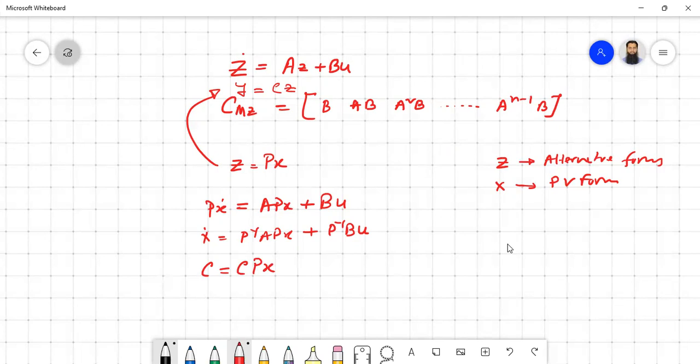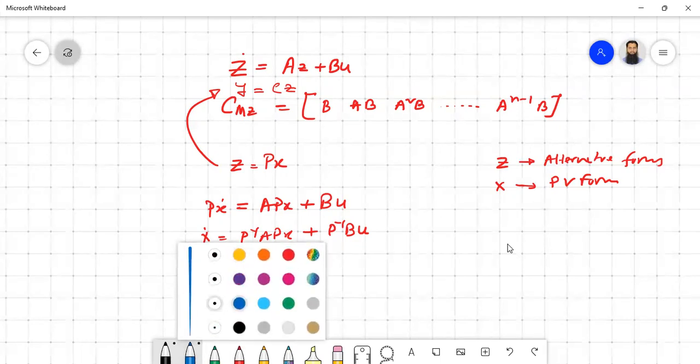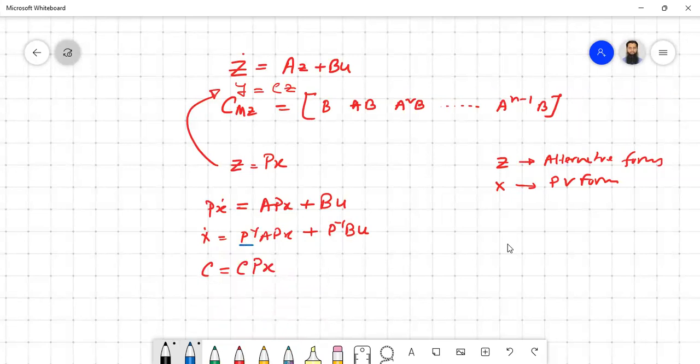So now let's try to figure out the relation between the controllability of phase variable and the other forms. Whether you have noticed or not, this is our modified A, or you can say AX, and this is your BX.